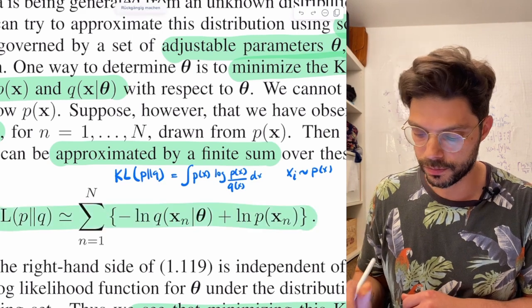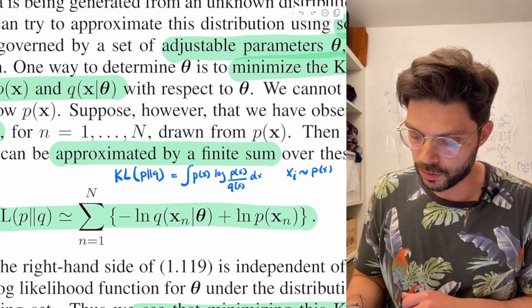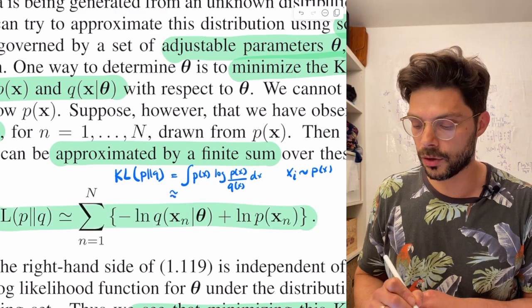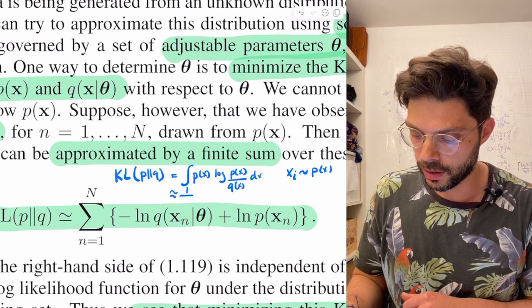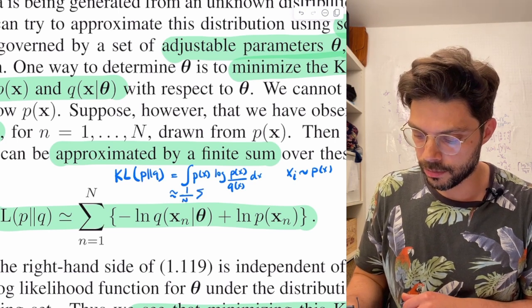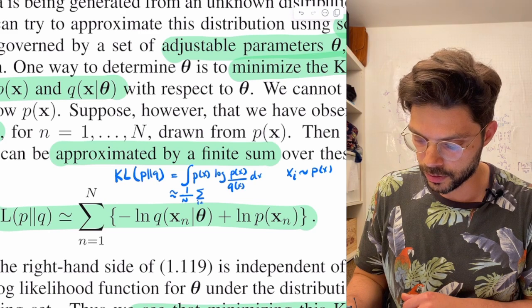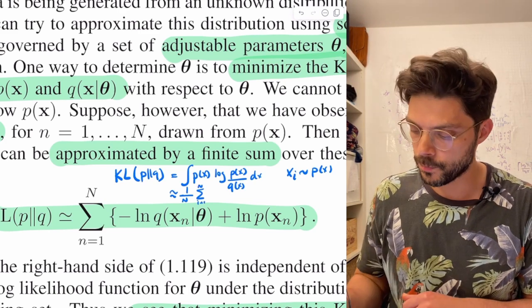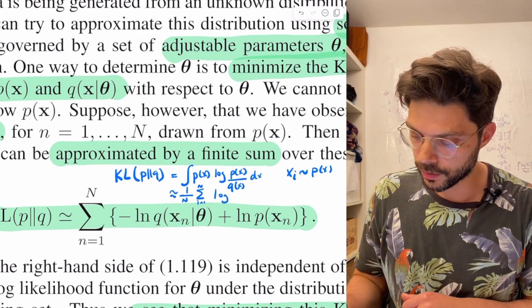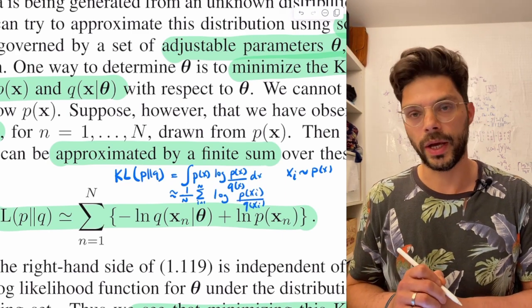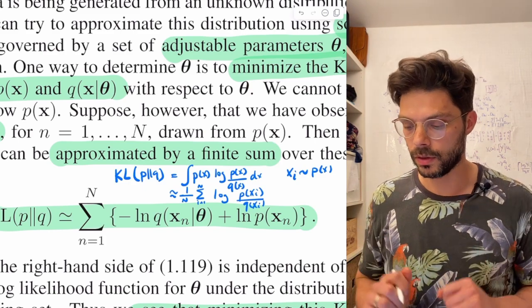If you have n samples, you can write this as 1 over n, the sum from i equals 1 to n of log P of xi over Q of xi. So that's all it is.